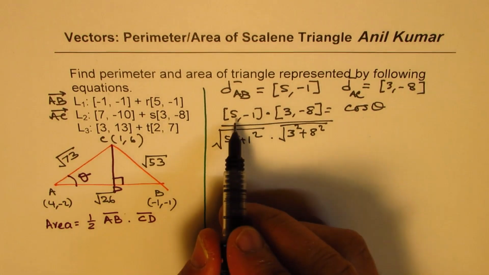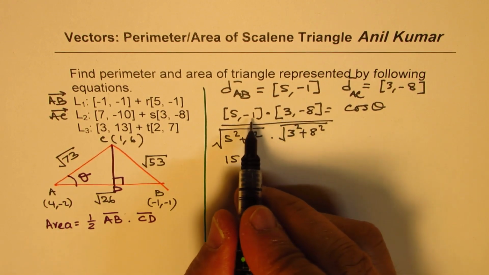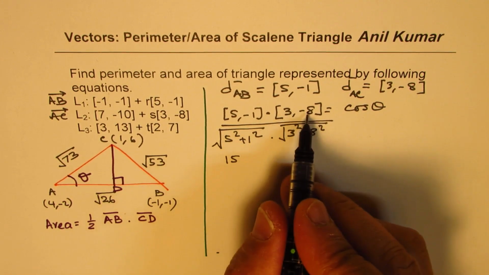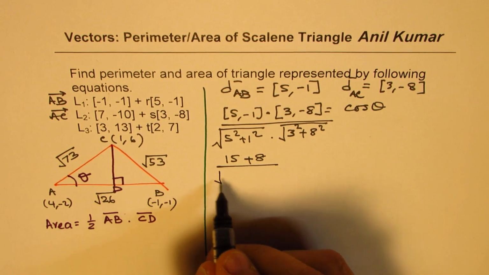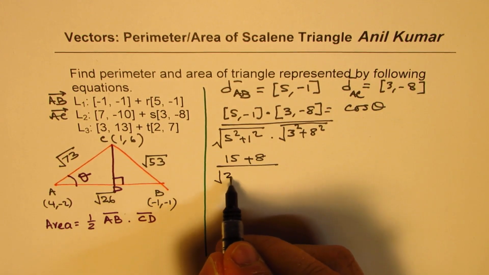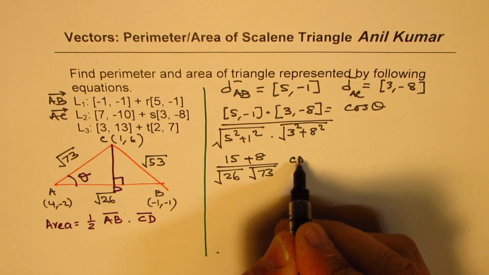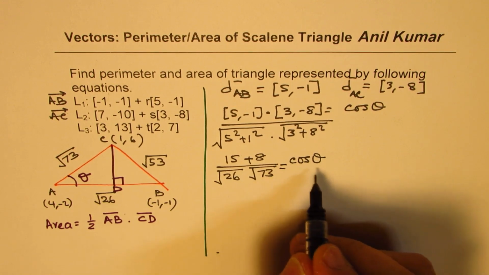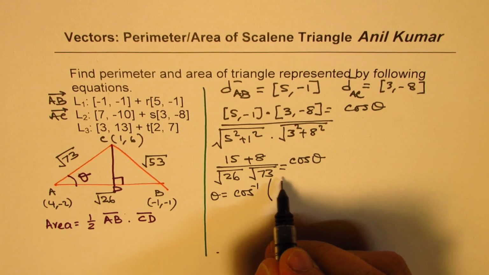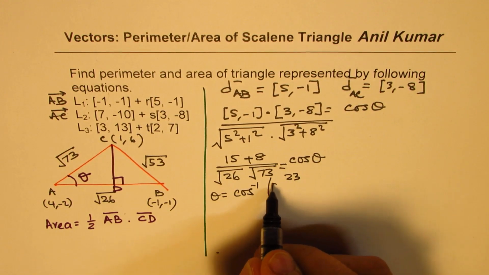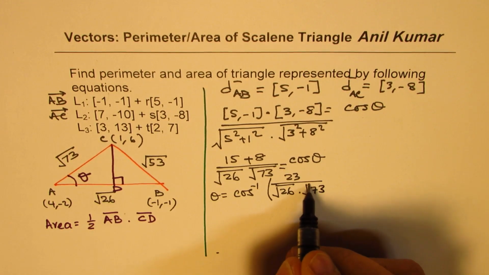Let's do the dot product. So 5 times 3 is 15, minus 1 times minus 8 gives us plus 8, over square root of 26 times square root of 73. That is cos of theta. So theta is cos inverse of 23 over square root of 26 times square root of 73.